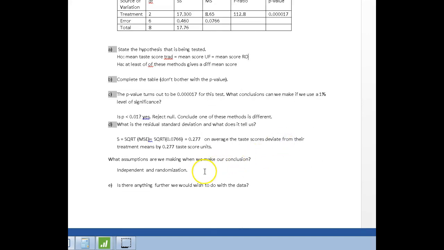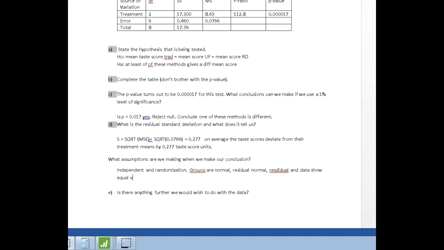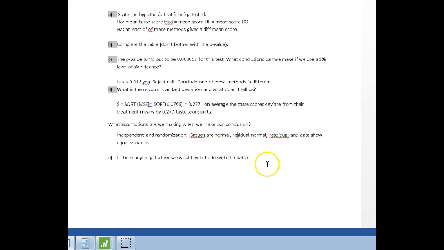So there is some randomization. We also assume that our groups are normally distributed. We assume the residuals are also normal, and that the residuals and our data show equal variance. Now none of this can I check because I don't have any raw data, but those are the assumptions I'd have to check.